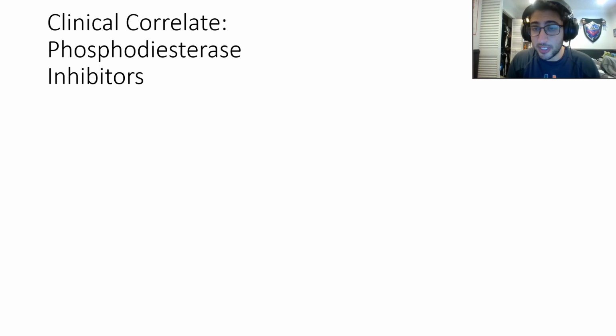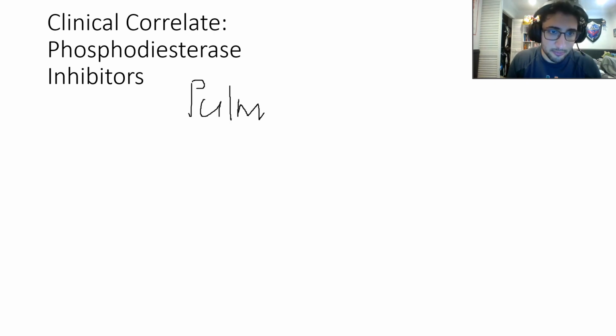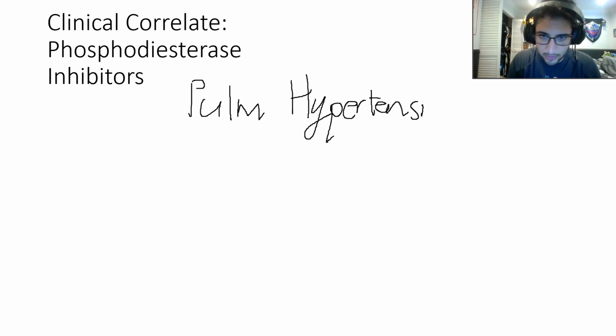Some G proteins use guanine instead of adenine, so a different purine nucleotide. So to treat pulmonary hypertension, we want to relax the blood vessels. What relaxes the blood vessels is going to be cyclic GMP.